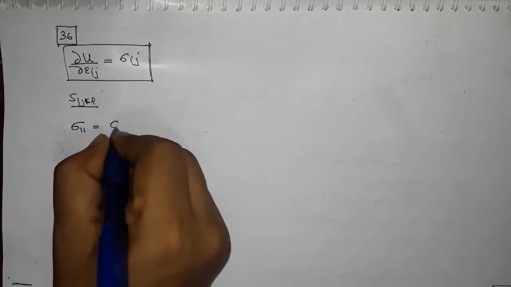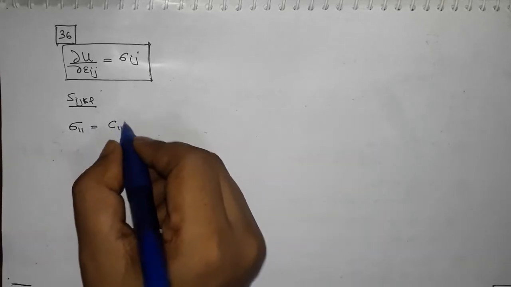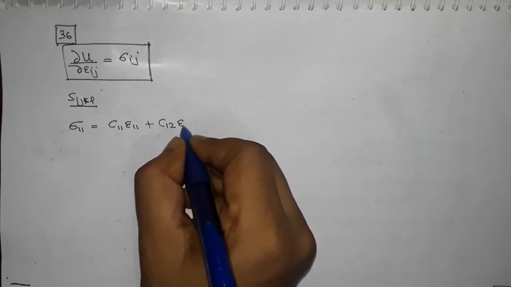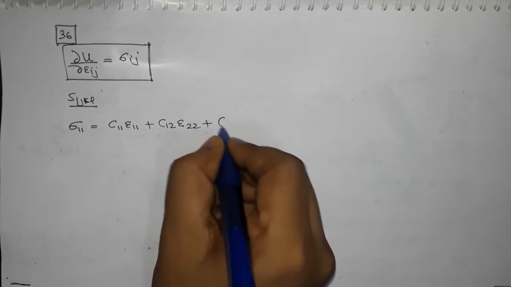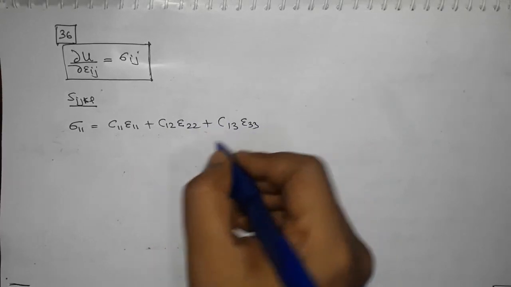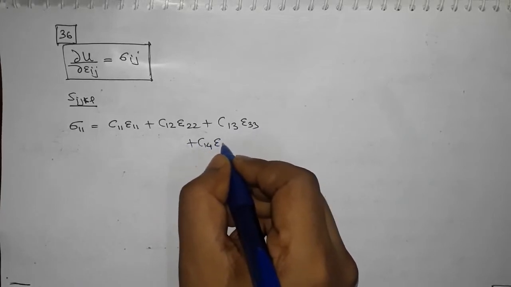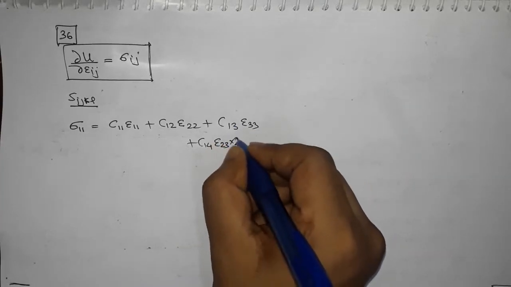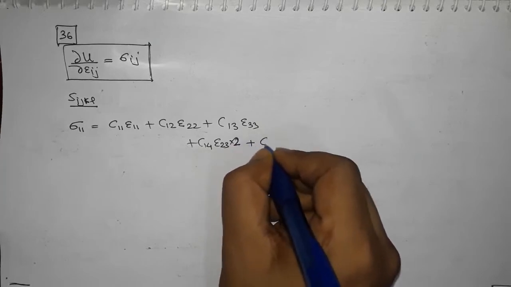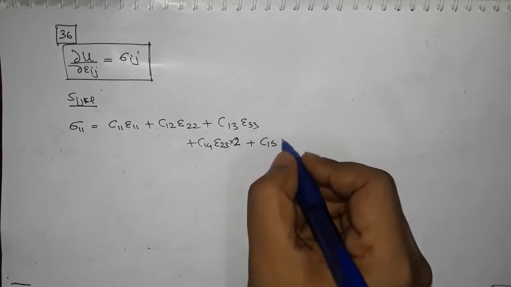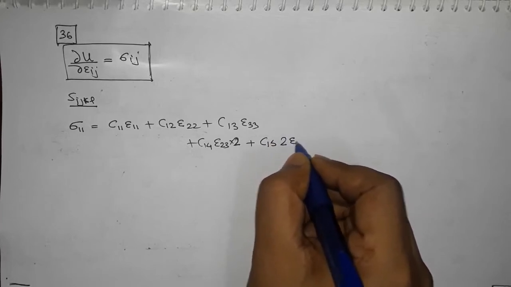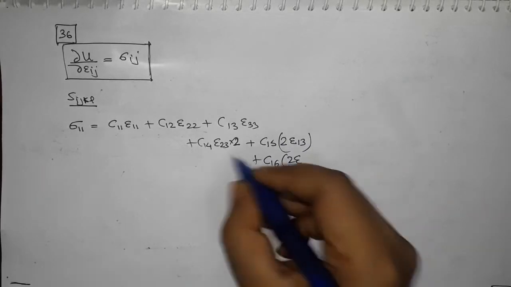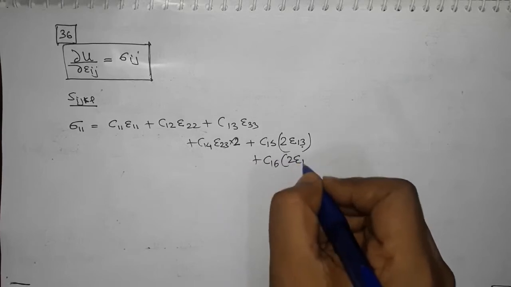For sigma 11 we can write C11, this is the compliance tensor, epsilon 11 plus C12 epsilon 22 plus C13 epsilon 33 plus C14 2 into epsilon 23, plus C15 2 into epsilon 13, plus C16 2 into epsilon 12.